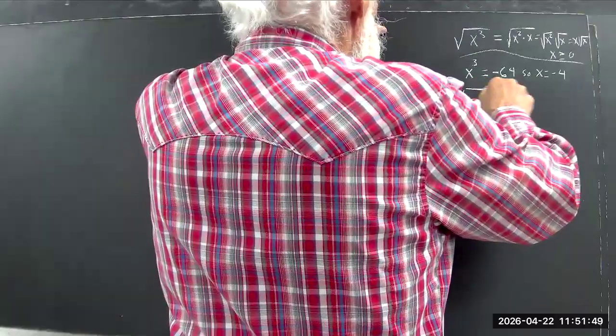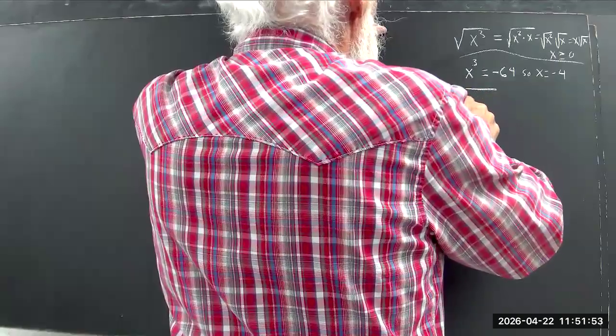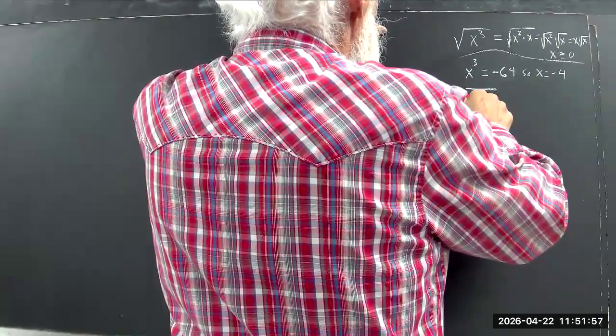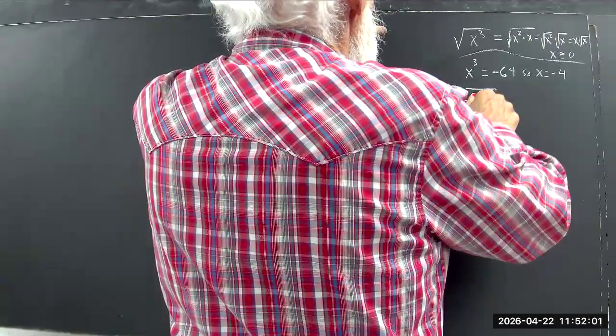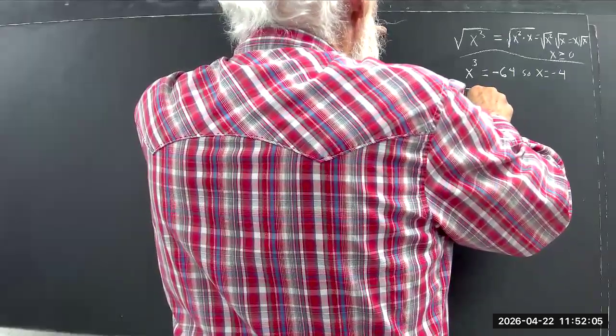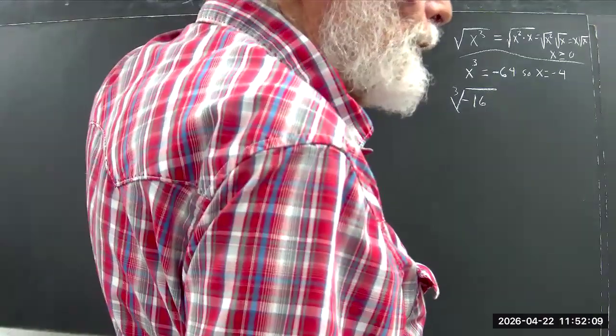So let's say we've got something like the cube root of negative 16. And we do this.